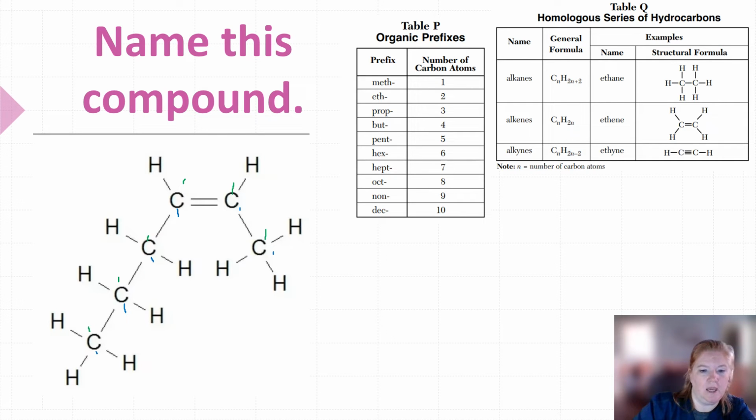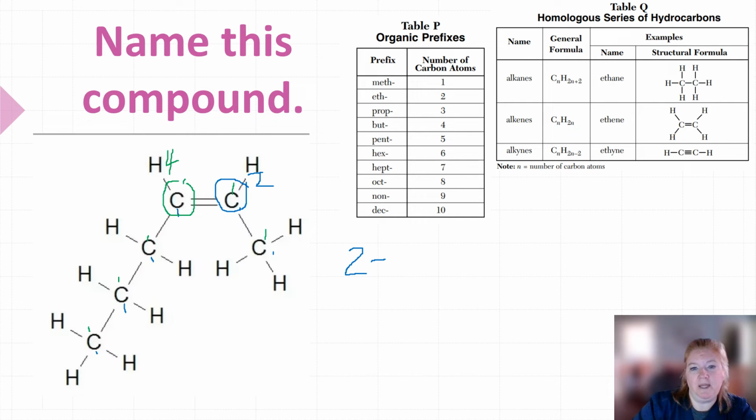If I count the green way, the lowest number carbon that the double bond is attached to would be carbon number 4. If I count the blue way, the lowest number carbon that the bond is attached to would be 2. So I have to pick the lower number. That's just the rule. So I pick 2.